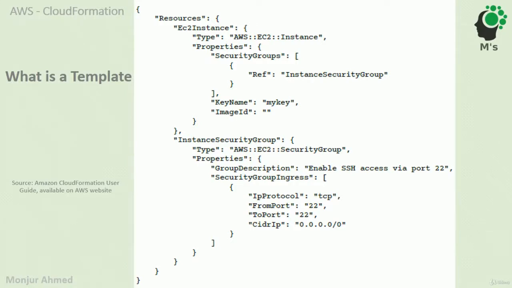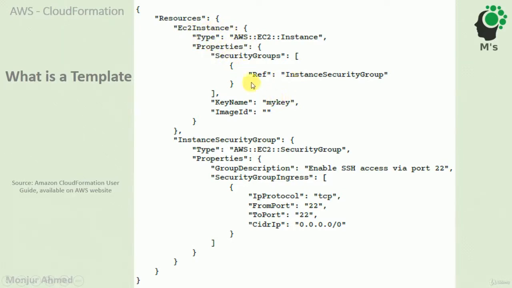If you are familiar with EC2 from some other video tutorials, we know that we need a key pair, we need to configure a security group, and we need to specify the ports and services that we need. If you look carefully in this template, in the resources we are creating one EC2 instance, and we're specifying type and properties.